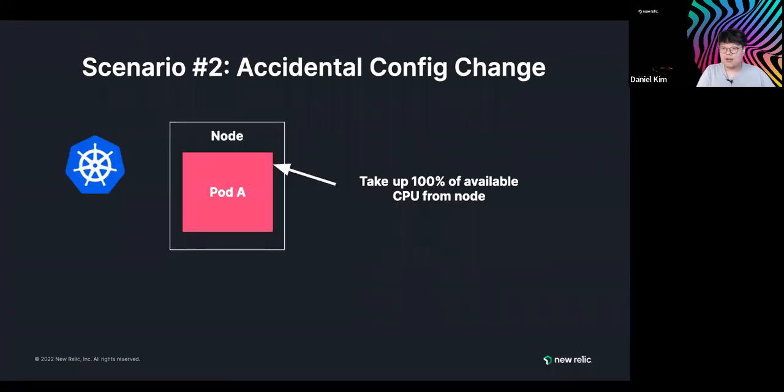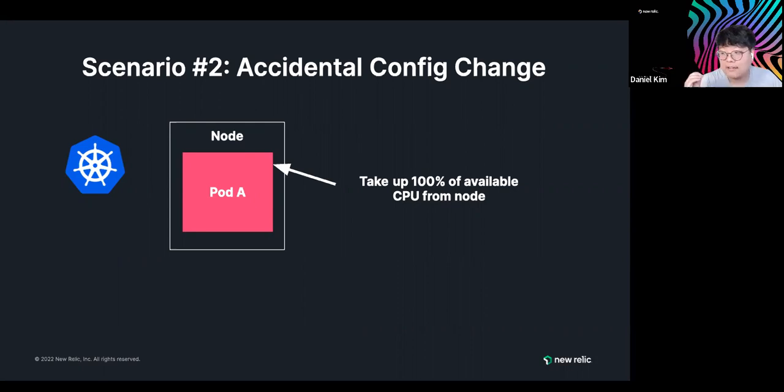The second scenario is an accidental configuration change. Because you can spin up and build mountains with YAML files, a simple error in a number that you define for a particular memory allocation can lead to huge changes happening in your environment.